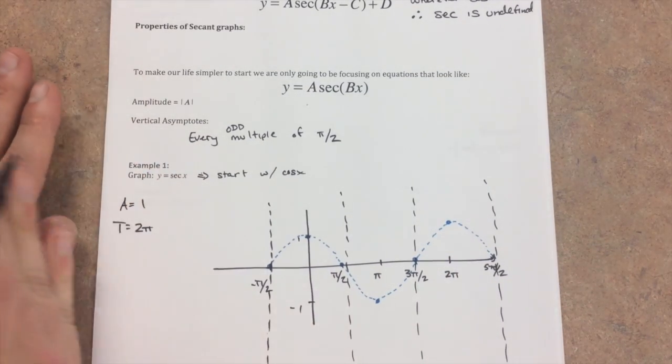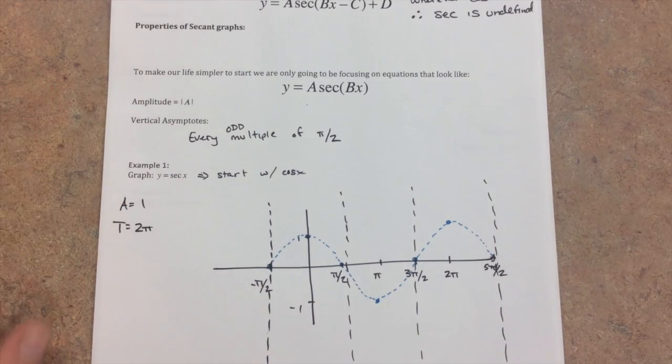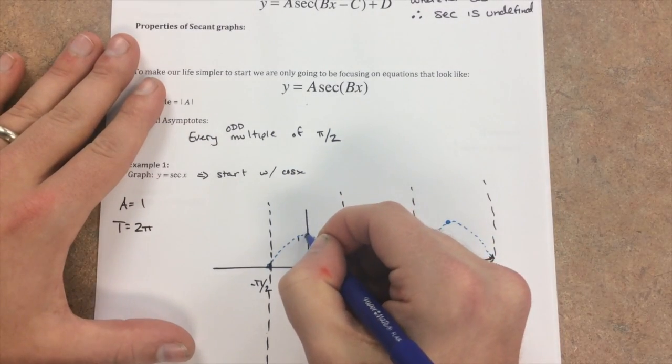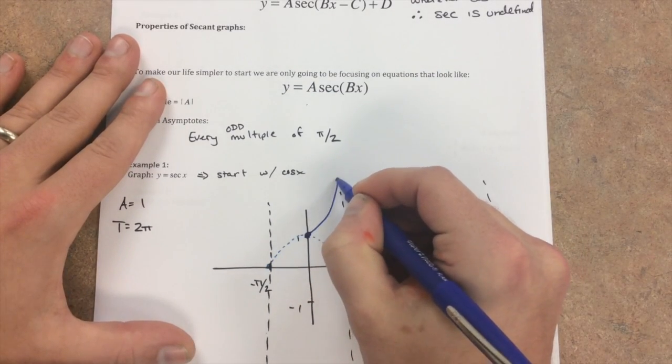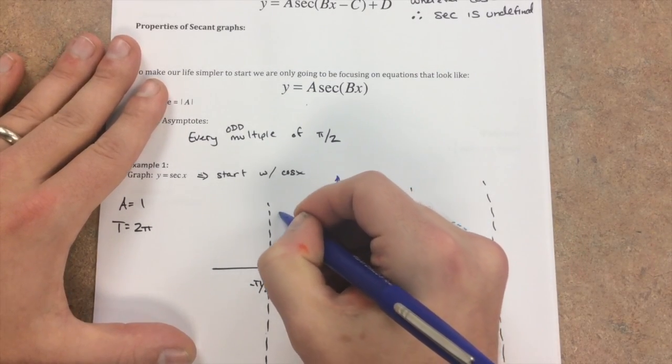And then these asymptotes keep going, keep repeating. So our secant graph lies on top of our cosine. So what we do here is, in a slightly similar color, these two share a point, and then secant goes up, and it looks just like a parabola.